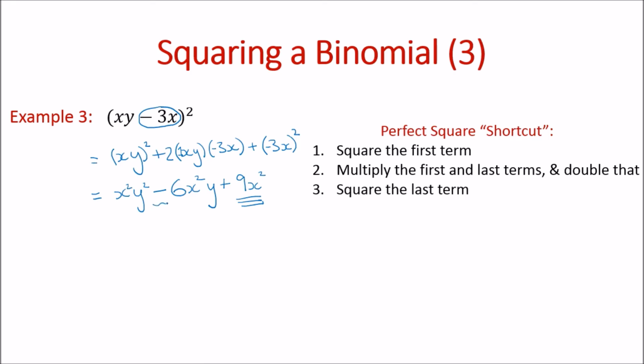And to work out what this middle one's going to be, all you need to do is think about, well, what is xy times negative 3x? So that would be negative 3x squared y, and then double negative 3x squared y to get negative 6x squared y. So you can do that in your head, but equally valid to write this out. So whatever suits you and your learning.